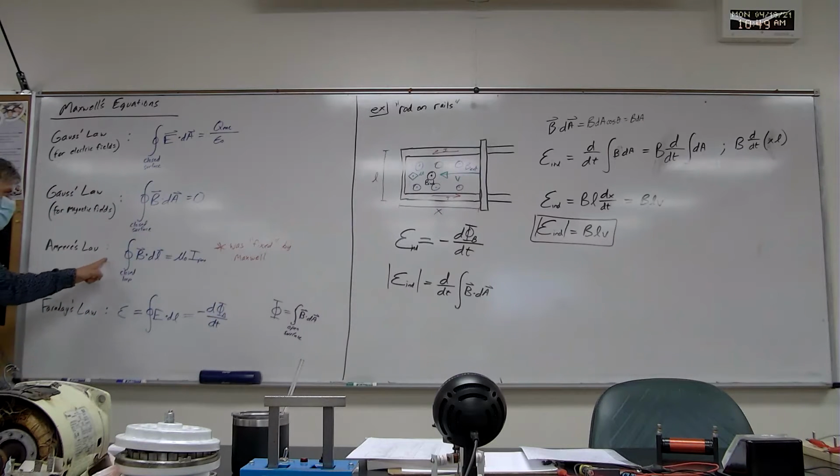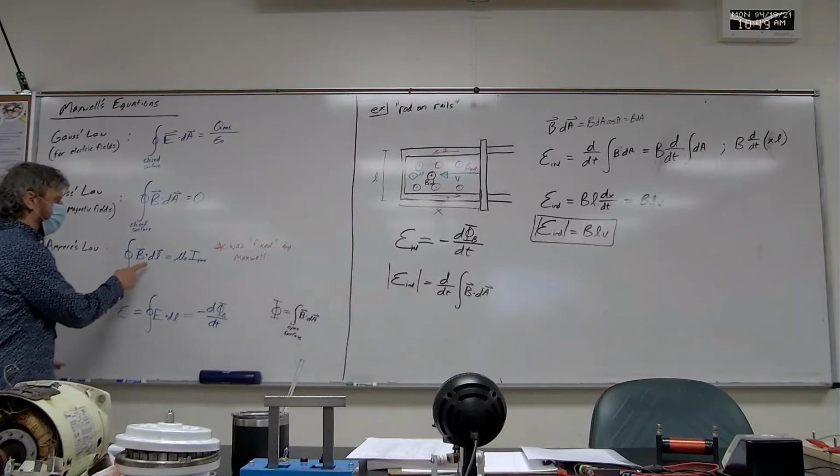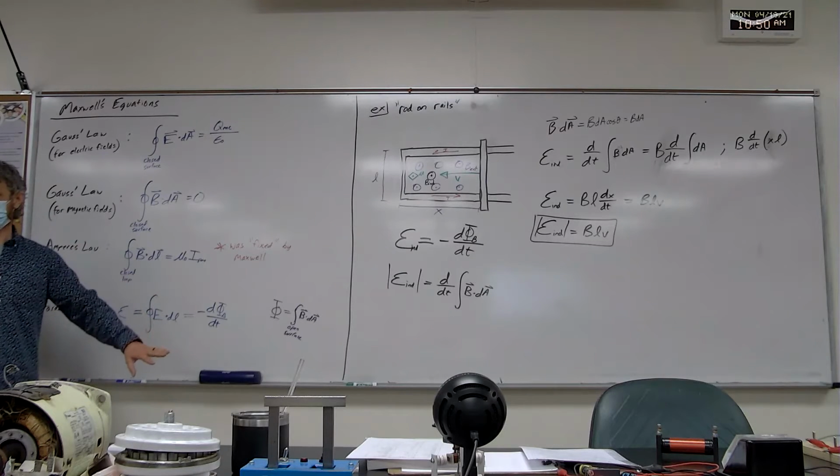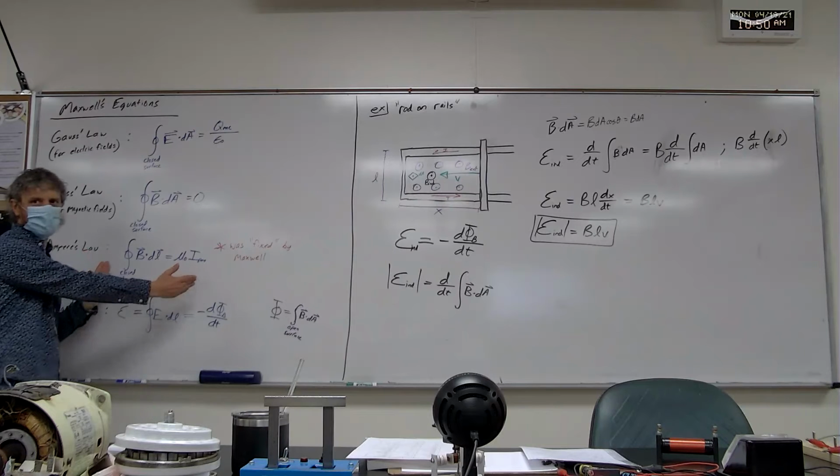When you have a current traveling through some closed loop, that current generates a magnetic flux, and that magnetic flux will therefore generate what they call displacement current. You get kind of an oppositely oriented current, and it's really complicated and definitely beyond the scope of this class, but just understand this isn't the full version of Ampere's law.